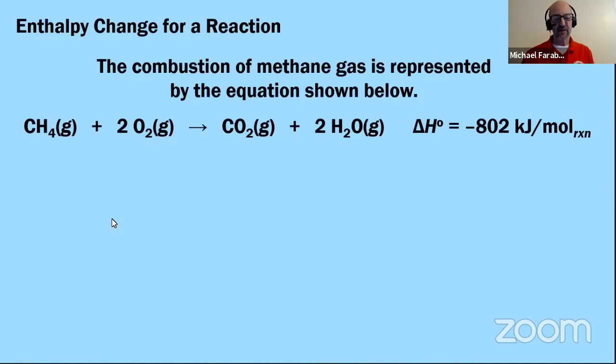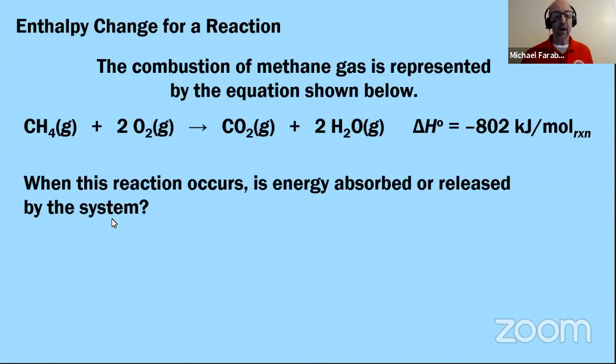So here is a reaction, a balanced equation for the combustion of methane gas. So CH4 plus 2O2, and the products are CO2 and 2H2O. Our delta H is negative 802 kilojoules per mole of reaction. When this reaction occurs, is energy absorbed or released by the system?